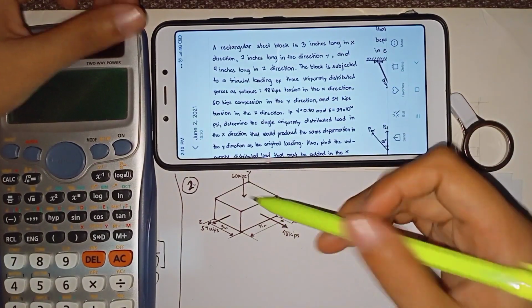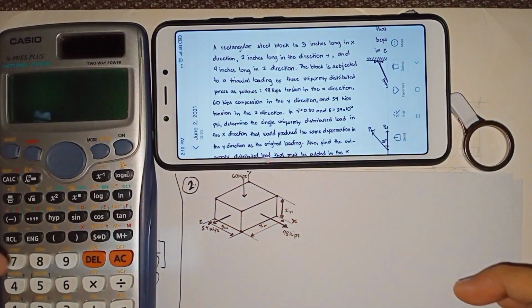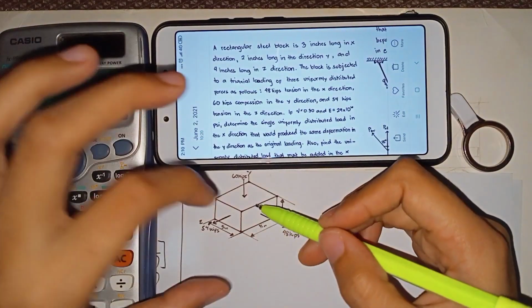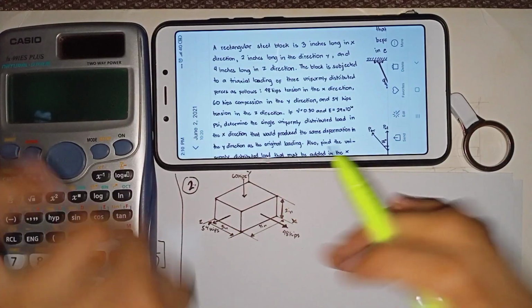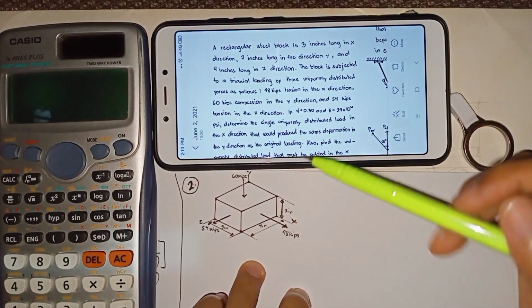So, kung may force dito, therefore, yung movement niya, or yung deformation niya is parang umiiksi siya and then lumalapad siya. Parang ganun yung kanyang deformation.